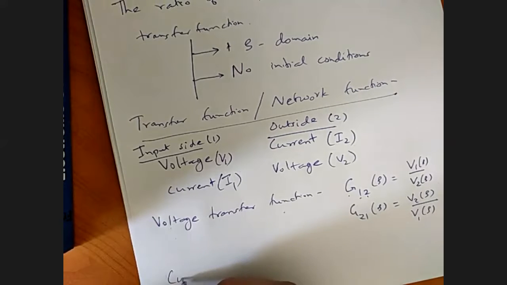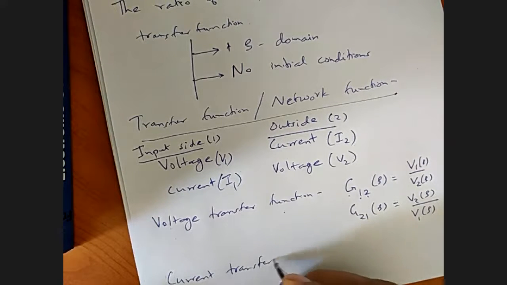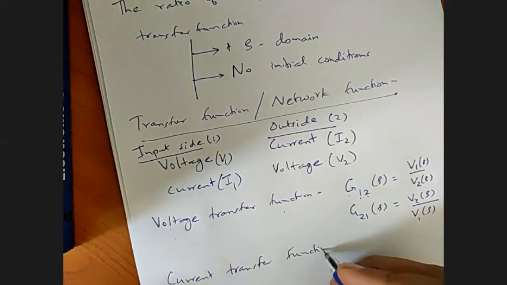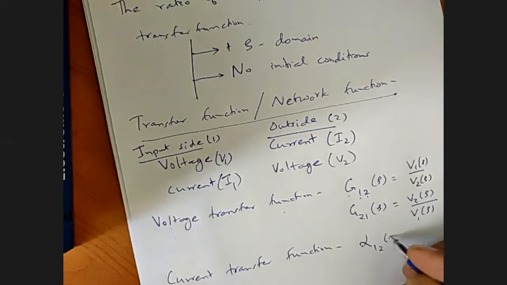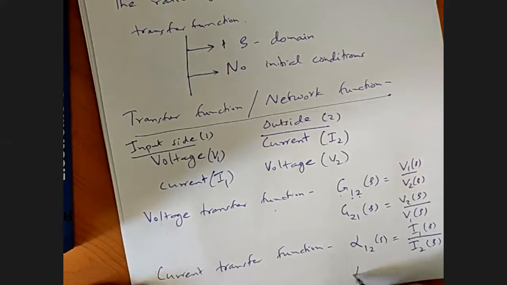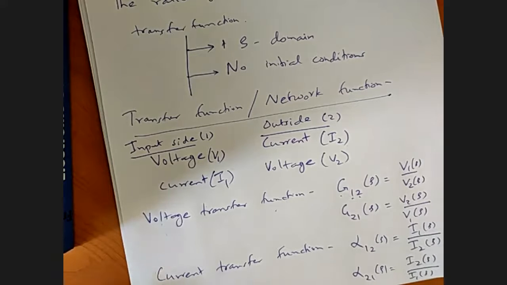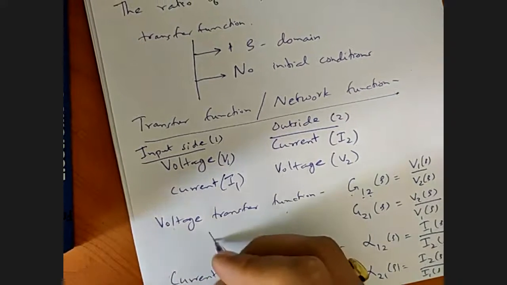Similarly, it can be a current transfer function, reflected by alpha. So alpha12(S) is I1(S) upon I2(S), and similarly alpha21(S) will be I2(S) upon I1(S).